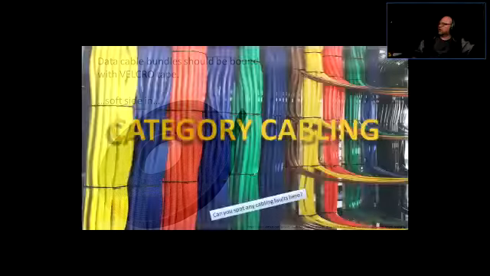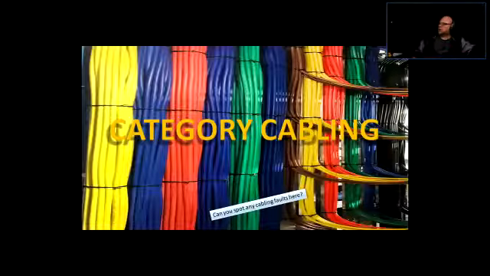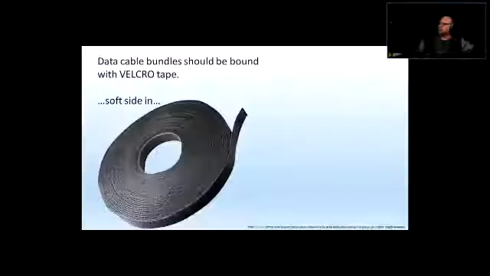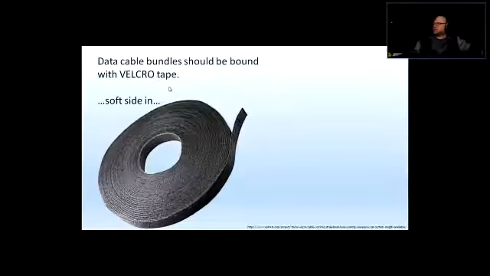So that's what's wrong with this picture right here, if this were a Cat 6A cabling. All right. Now, what I'm showing here is, quite often you'll be able to buy just those big rolls of Velcro tape, and you'll just cut them to length and use them to bind the bundles of the category cabling.